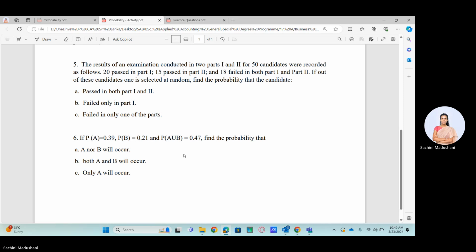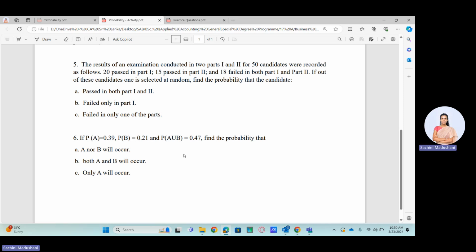Or you can use the Venn diagram to get the value. It's easy. This is A, passing part 1. This is B, passing part 2. The total number of candidates is 50. 20 passed part 1, so we can write 20 here. 15 passed part 2.